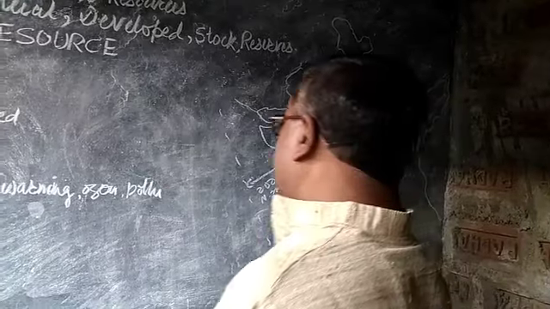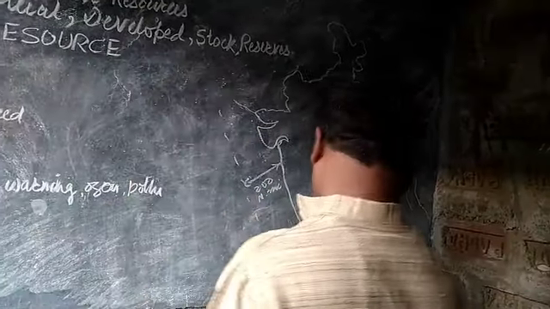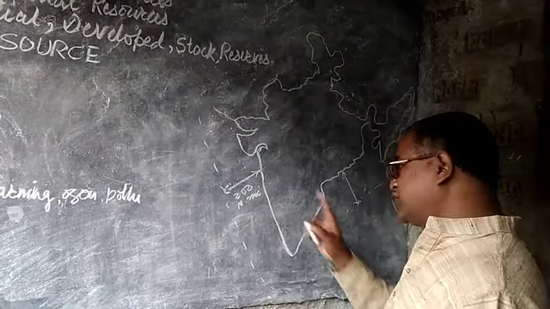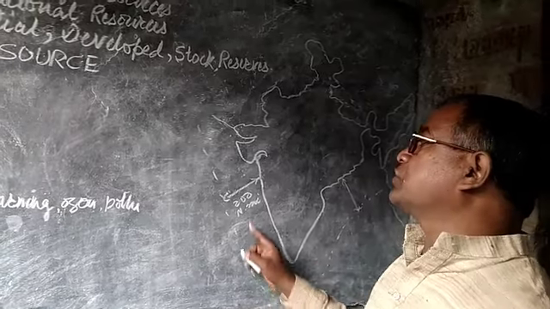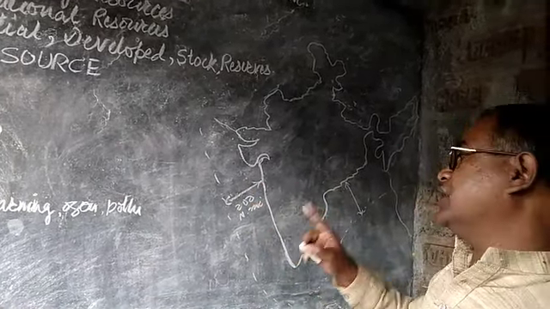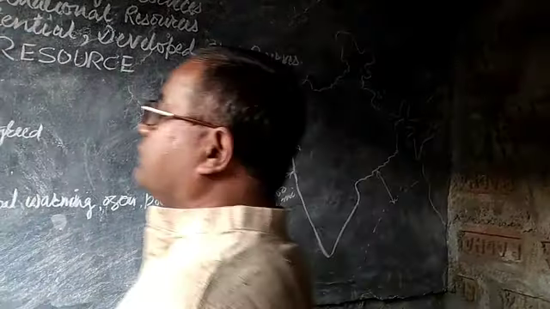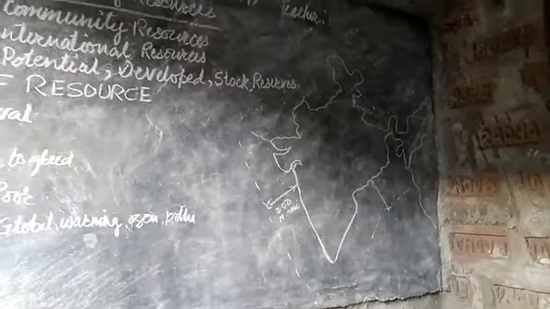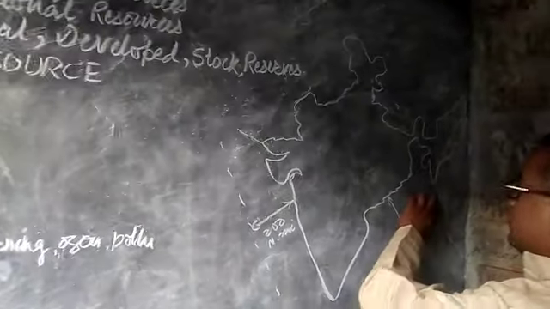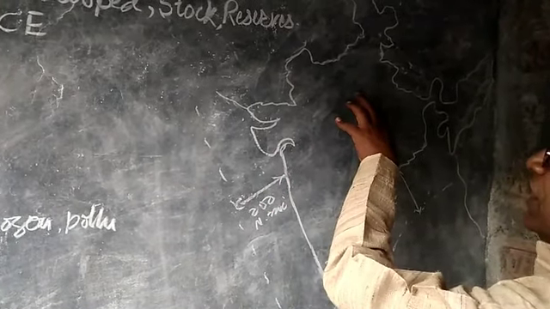If any resources are found within this area, the ownership of these resources belongs to the country India, because it is under the exclusive economic zone of the country. So the total ownership of the resources found in these regions belongs to India.